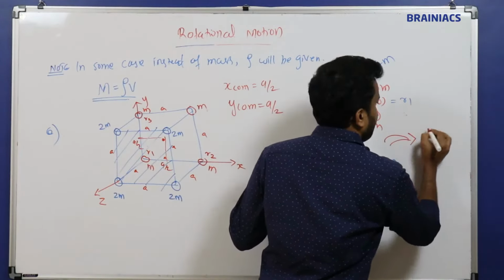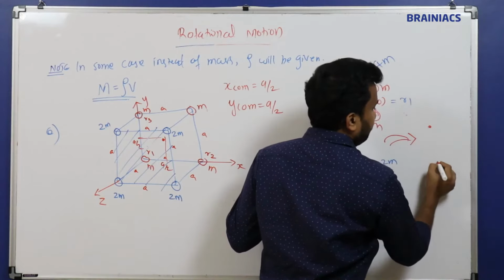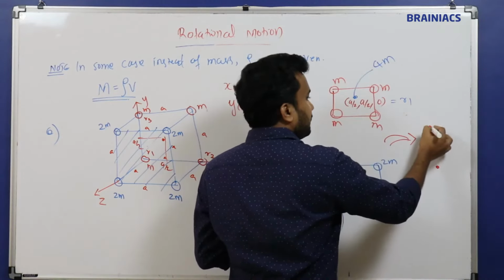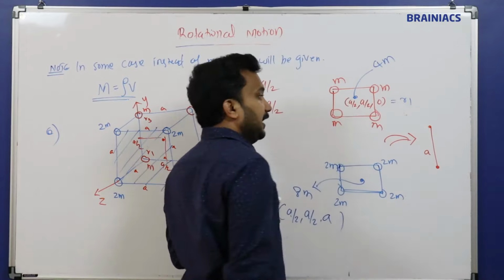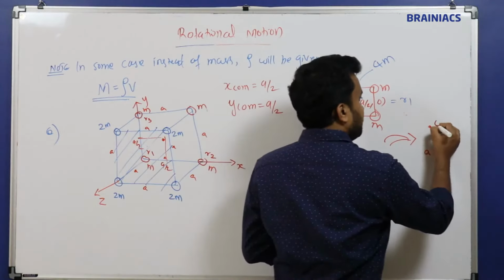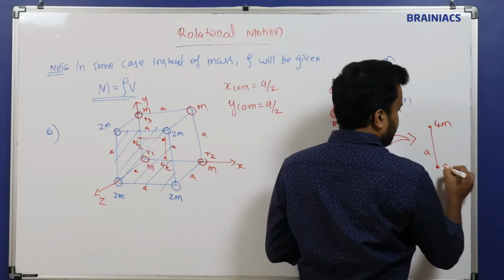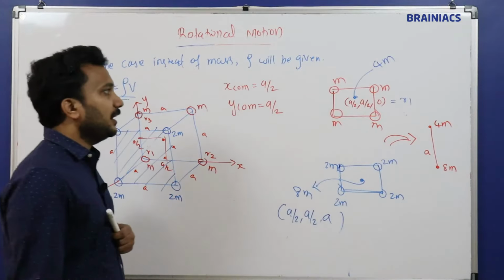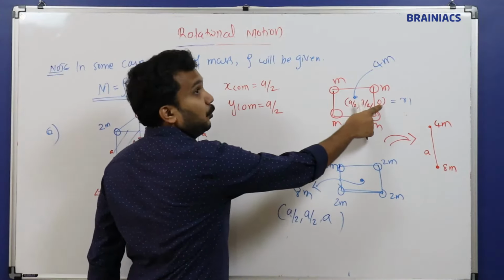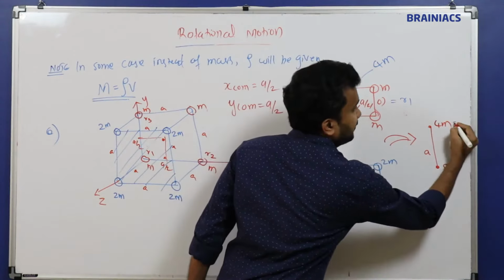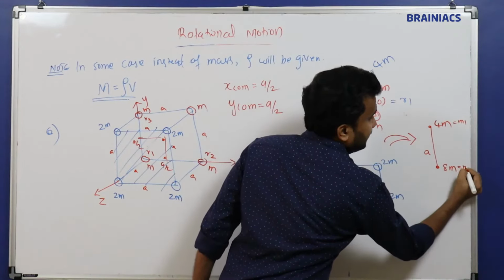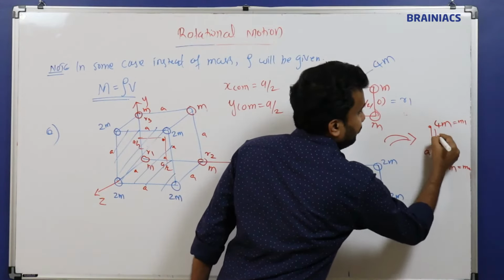So what you can do is consider one mass and the next mass, where the distance between the two masses is equal to a. The upper body is 4m and the next body is 8m. We are finding the distance from the origin, so I am considering the 4m as m1 and the 8m as m2. The distance to the center of mass is r1.